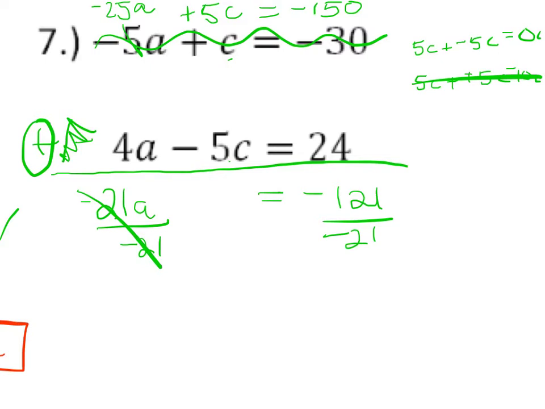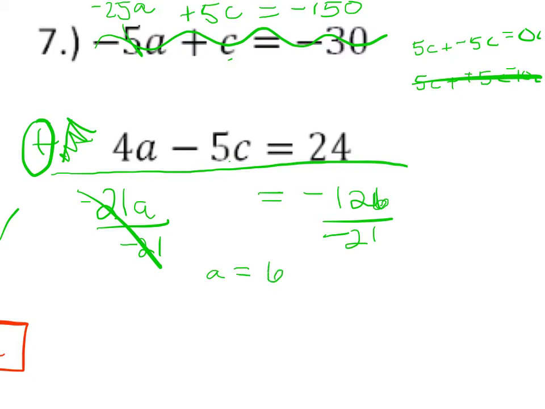Why is that not right? Oh, because it's not 121, 126. Sorry, it's late. Okay, negative 126 divided by 21. There we go, negative 6. Oh, nope, we divided by negative 21, so that's going to be positive 6.